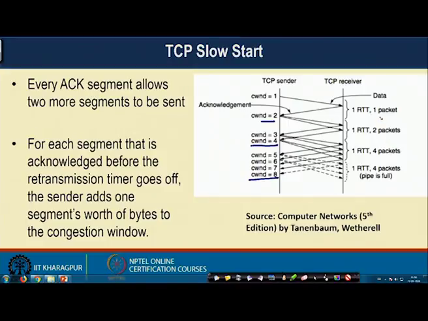In the first RTT you acknowledge 1 packet, in the second RTT 2 packets, in the third RTT 4 packets, and so on, and if the pipe is full, that is the level at which you converge. So, in TCP slow start, at every round trip time, we double the congestion window size.